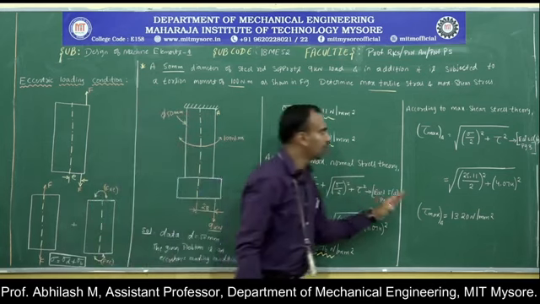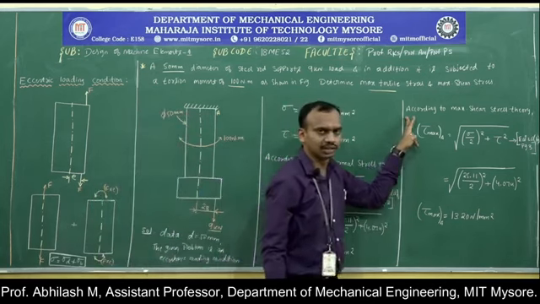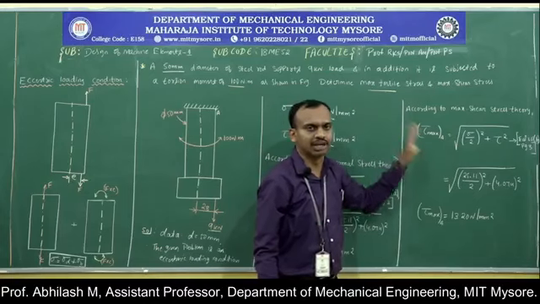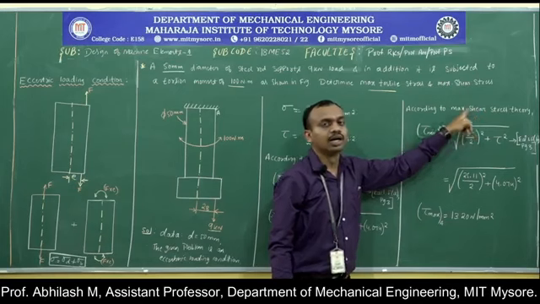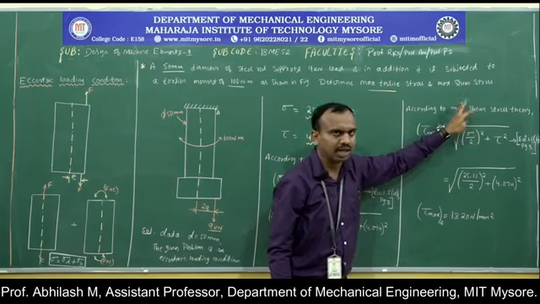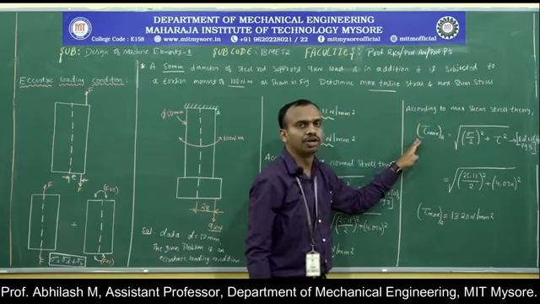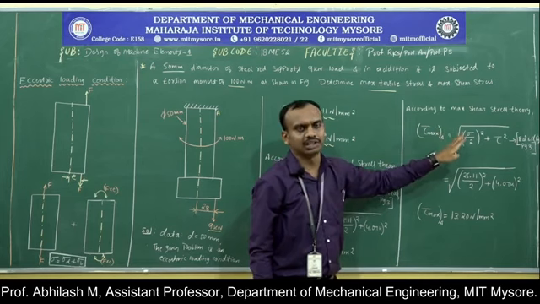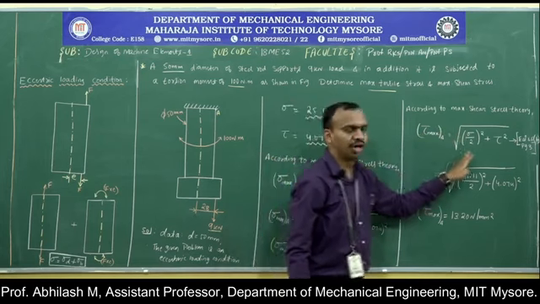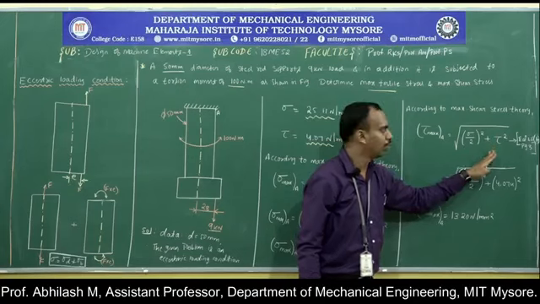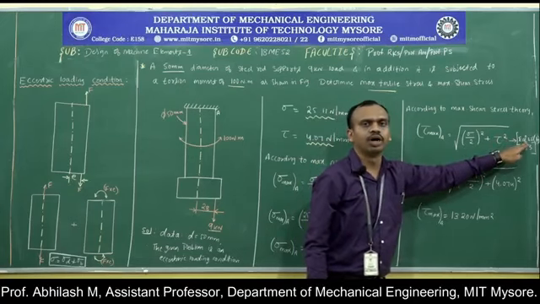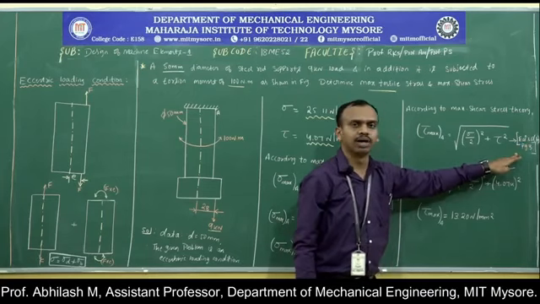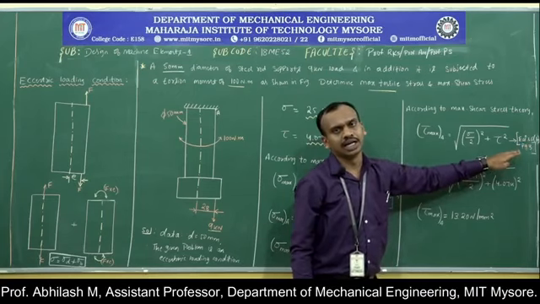Now, in order to calculate the maximum shear stress, we make use of the maximum shear stress theory, and according to this theory we have an equation to calculate it. That is given by square root of (sigma by 2) square plus tau square, and this is available in equation 1.5b on page number 3 of our design data handbook.